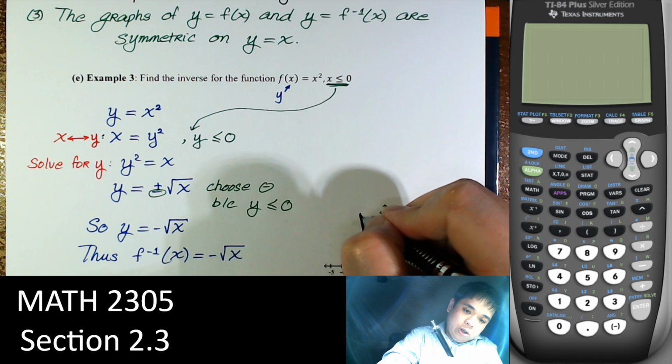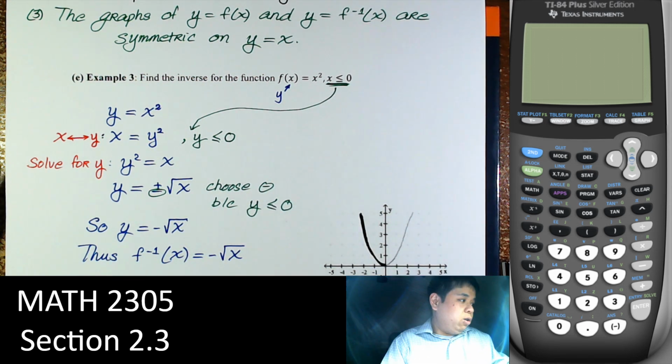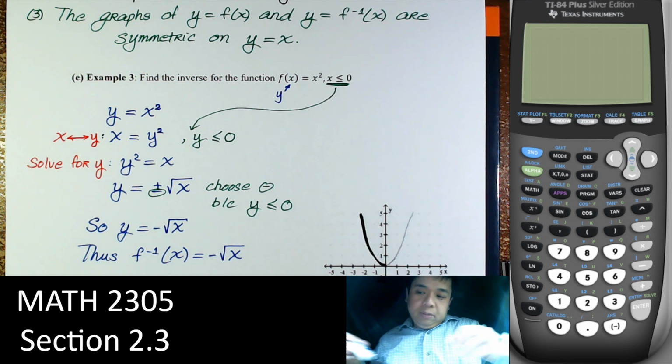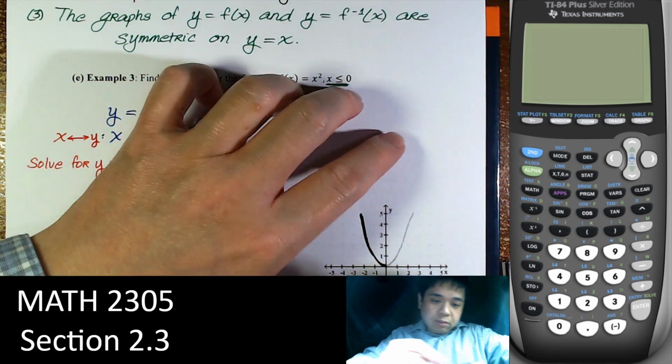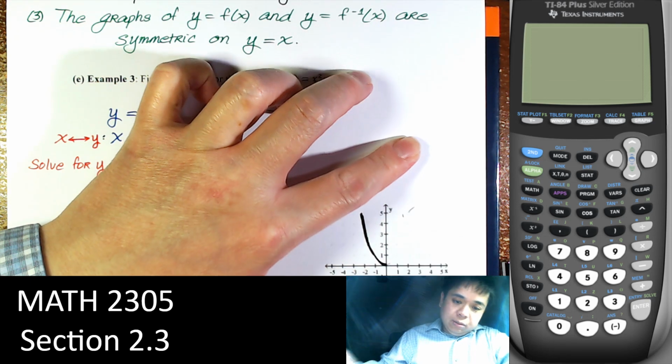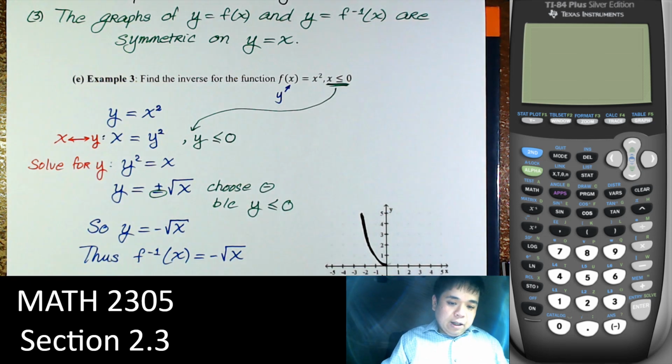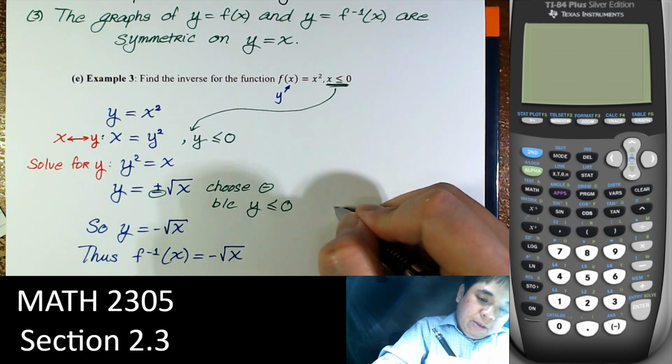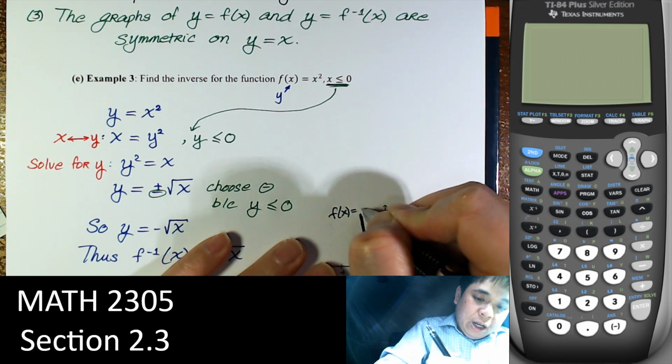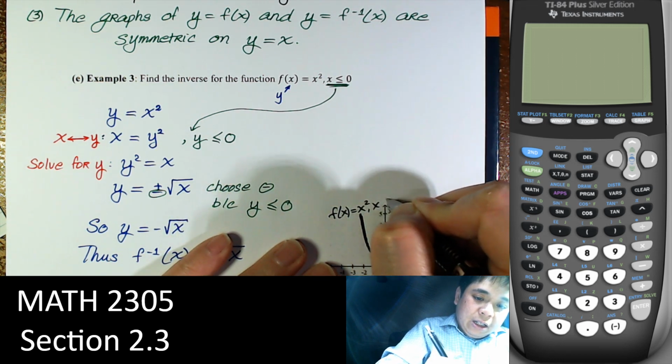So this branch, not the one on the right. So this is f of x equals x squared when x is less than or equal to 0.